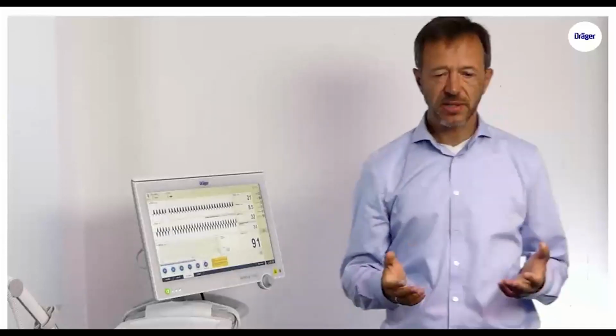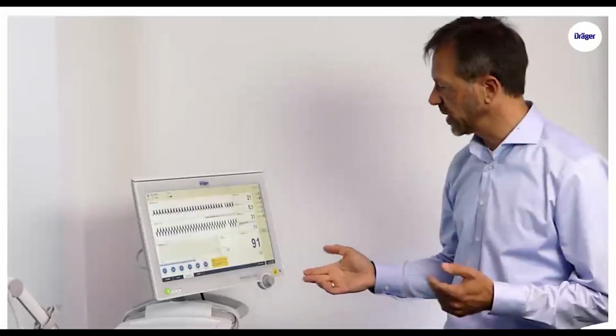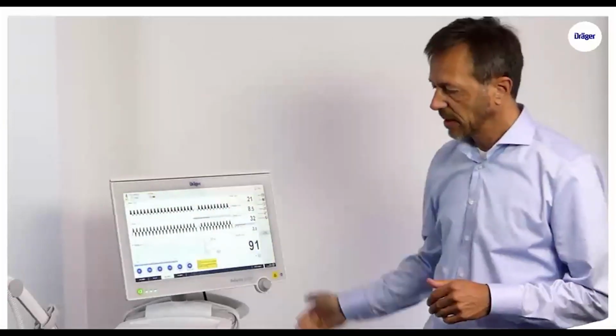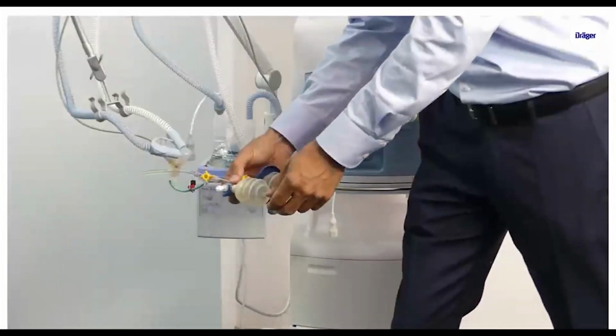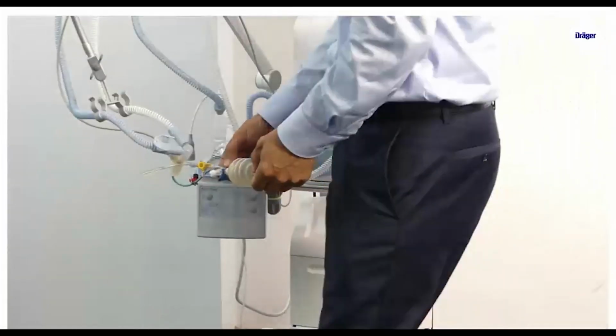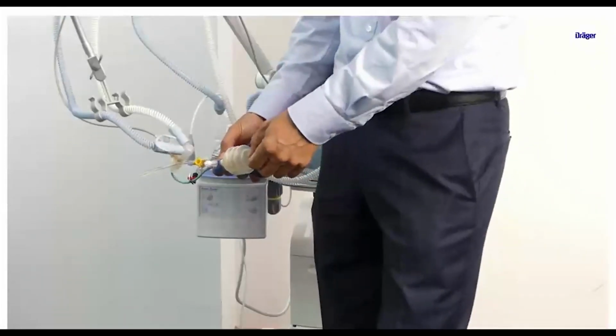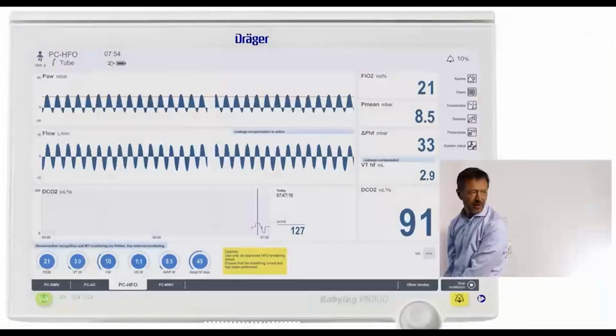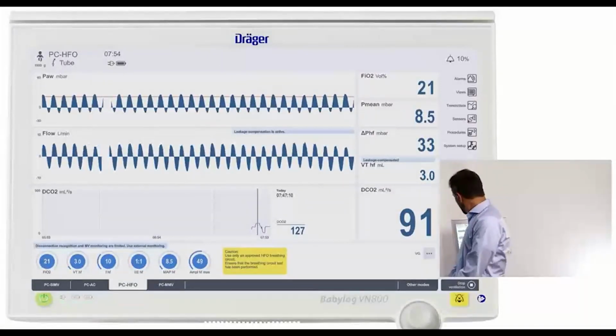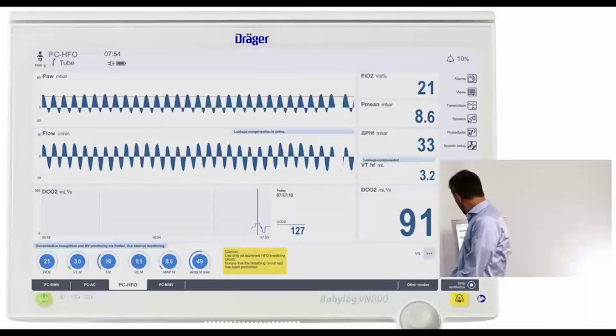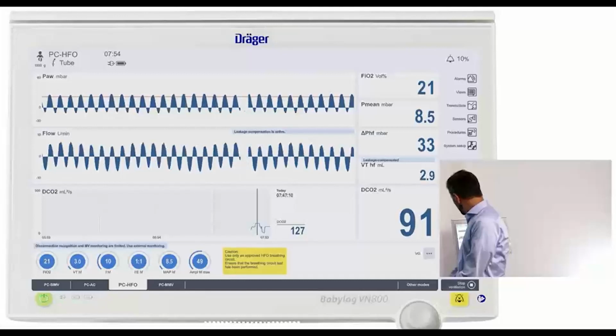Okay, so this was the question. I can show this here in the ventilator. I can use the test lung and simulate a little bit of spontaneous breathing, and then you can see this on screen. So here you see, currently I'm breathing with the test lung spontaneously.